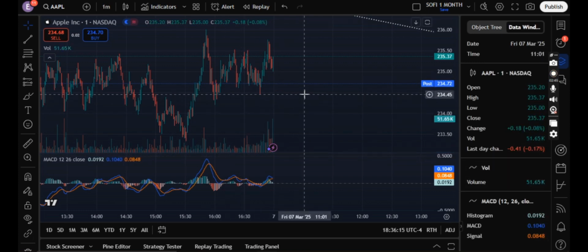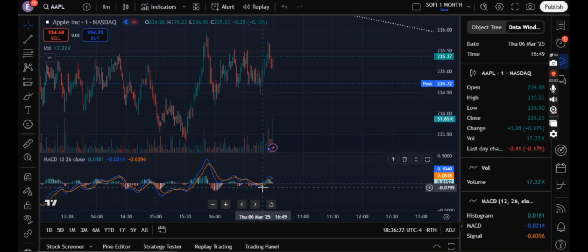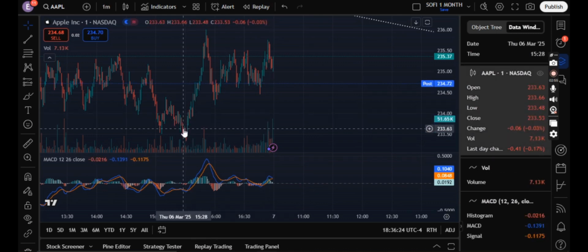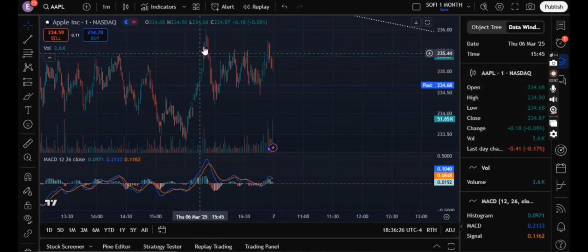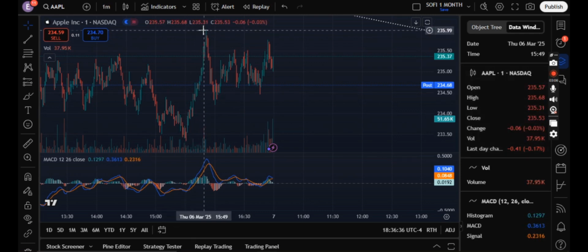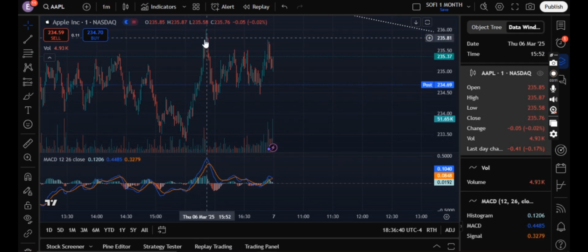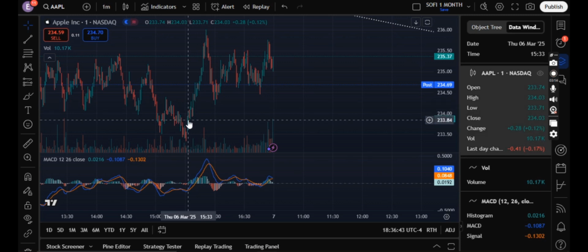When you look at the 1-day chart and you follow your indicators, you wouldn't get much volatility or movement. I mean, from 233 to 235 is only $2, but when you're dealing with options, that $2 could be hundreds of dollars, thousands of dollars, depending on how much money you're working with.